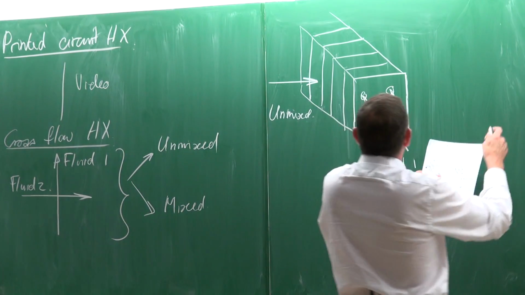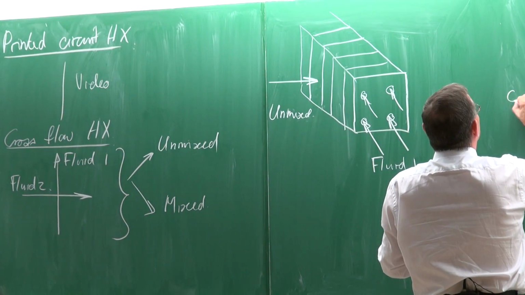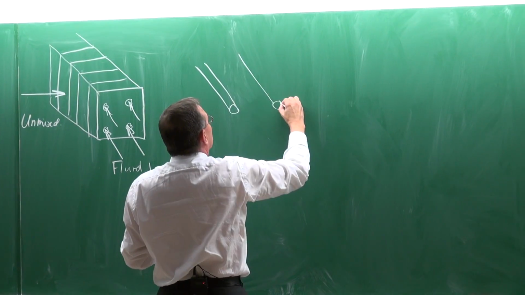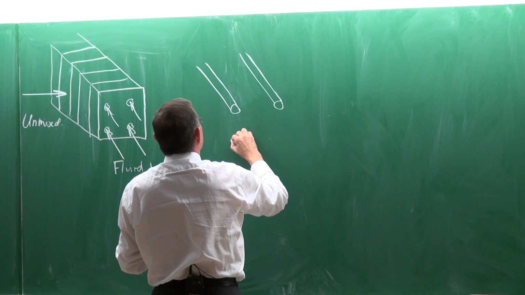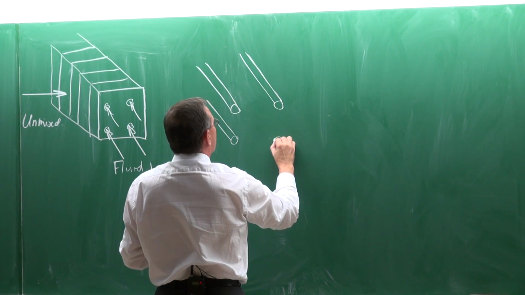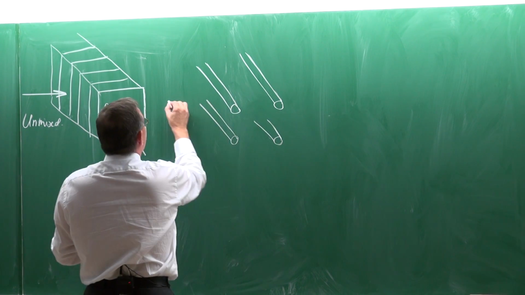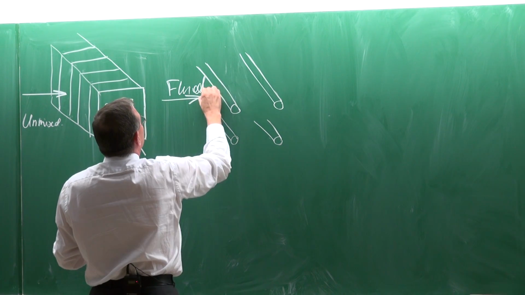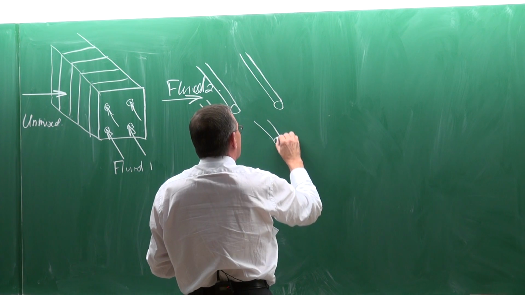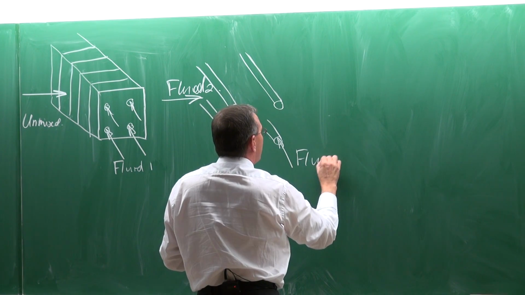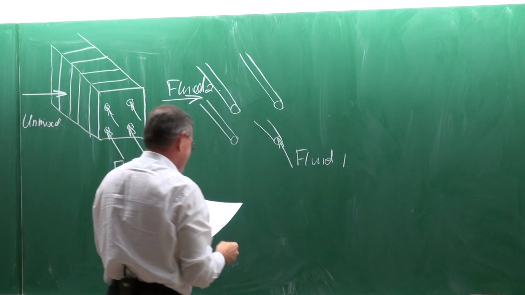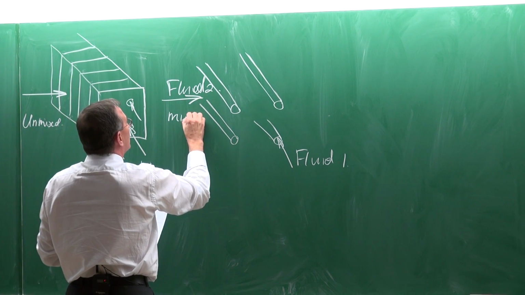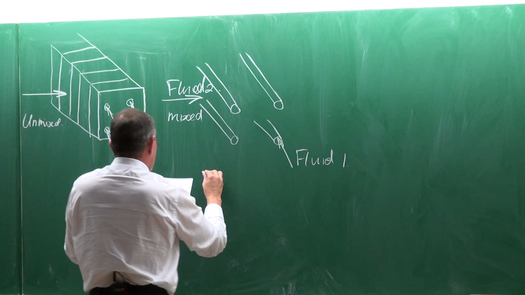While for the case where it's mixed, it will be these tubes like that. And now the fluid 2 will just flow like that. Fluid 2, and that would be fluid 1. So this would be the case of mixed flow. Why?